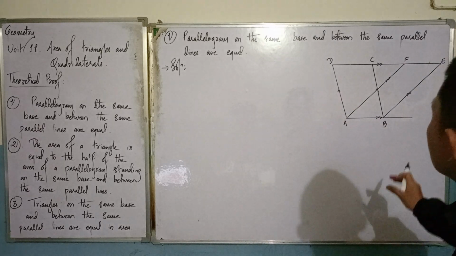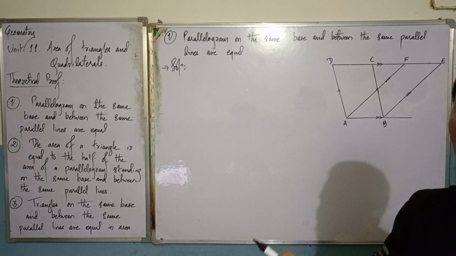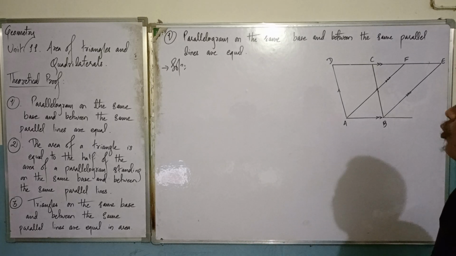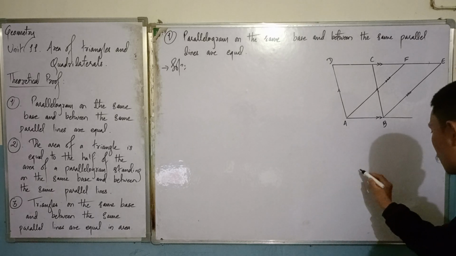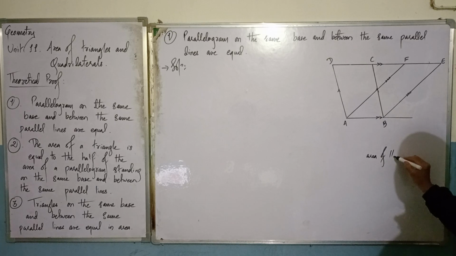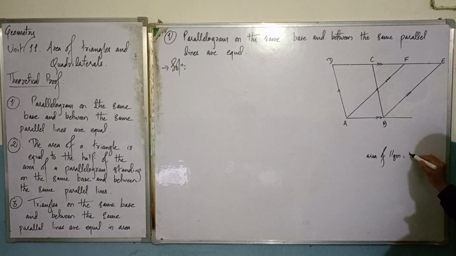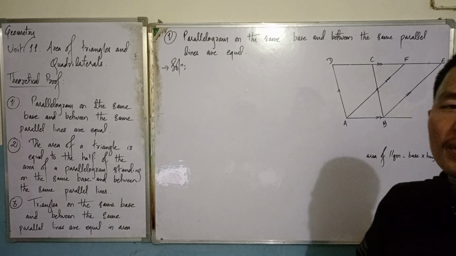Okay, so in this case I'll be using the formula for the area of a parallelogram. So what will be the formula for the area of a parallelogram? The area of a parallelogram is given by base into height, and the height must be perpendicular.